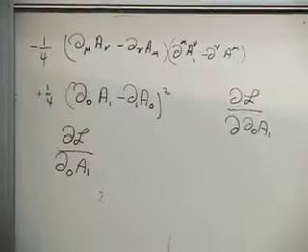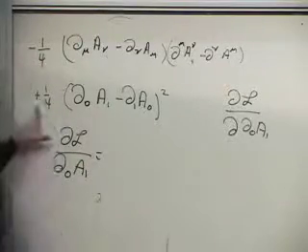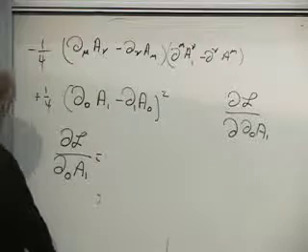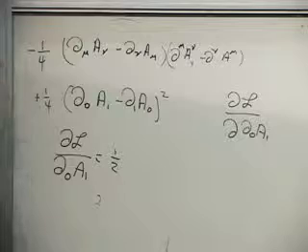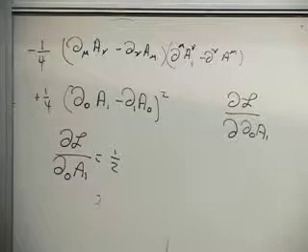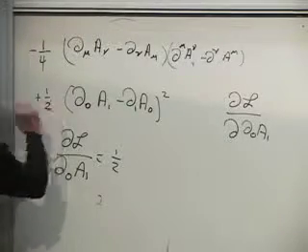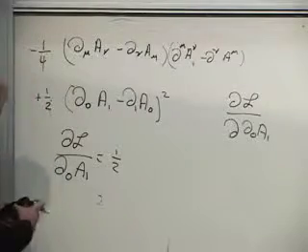Get rid of the square and put a 2 in there. Well, put a 2, but it cancels the quarter, so that's a half. I think this should only be a half here. There is only a half there. So the half goes away.